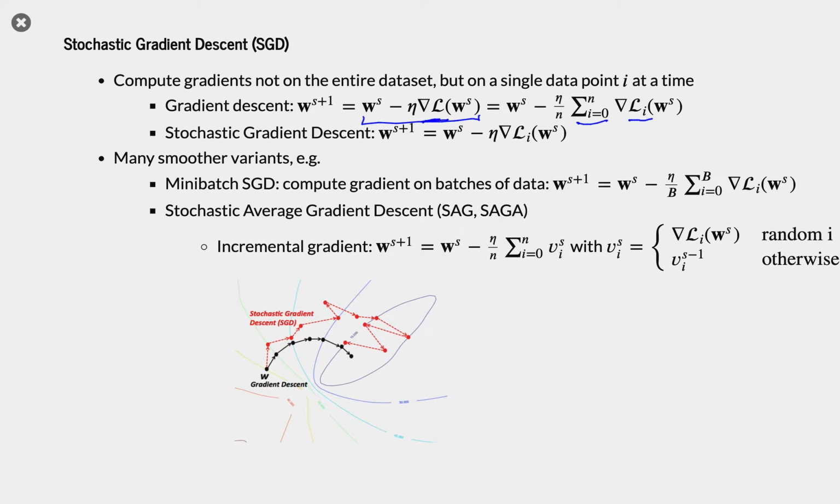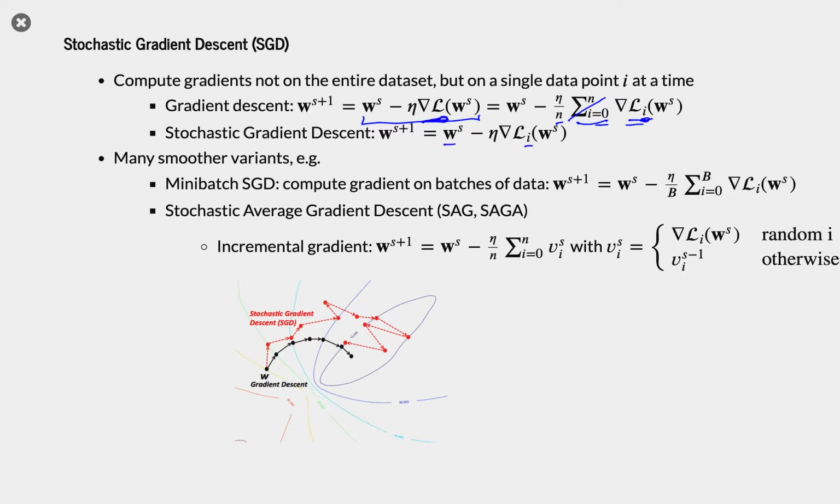Your total loss is the sum of the losses of every point, as we've seen before, so you could write this like this, divided by n.